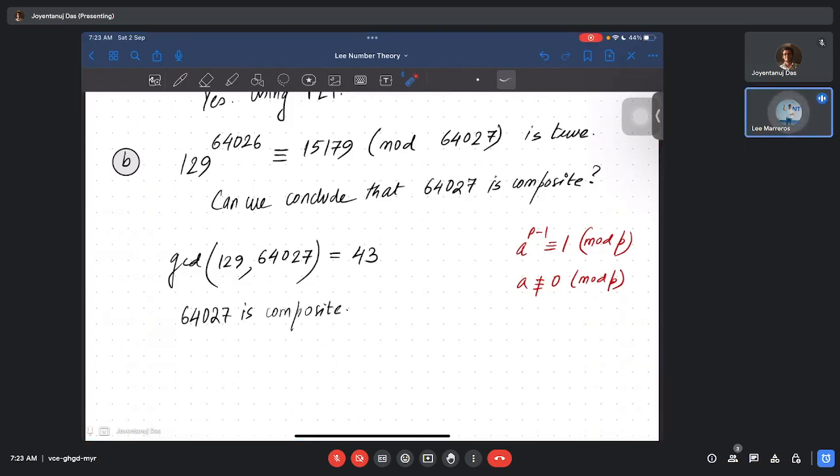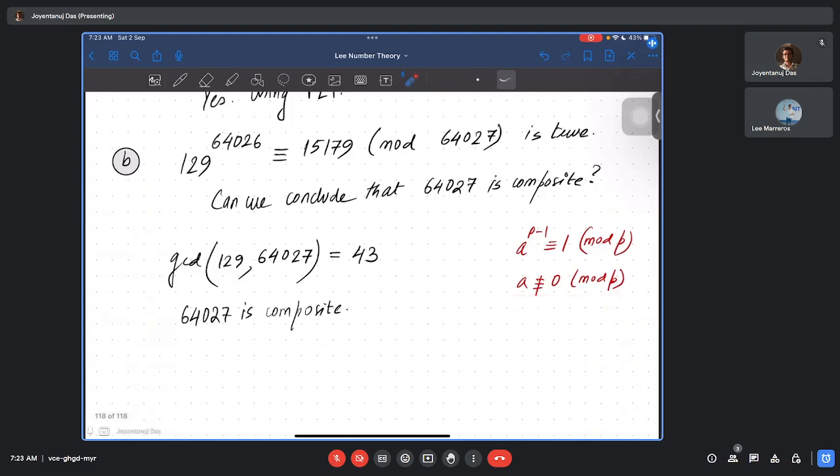Also when A is lower than P, it can happen that the GCD is not equal to 1, but the number is still composite, because in the case of Fermat's theorem this condition is still satisfied. It is sufficient that P does not divide it, so that is automatically true.